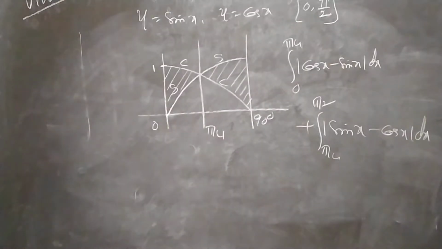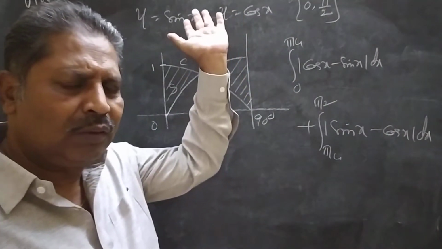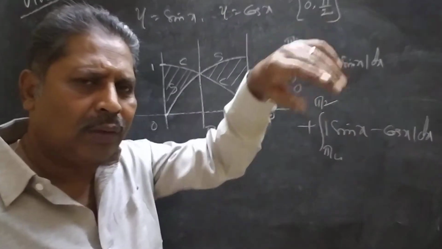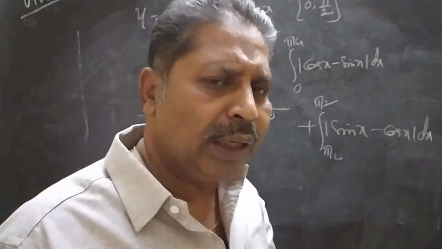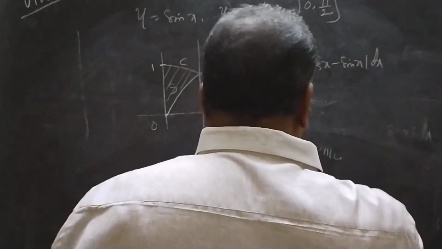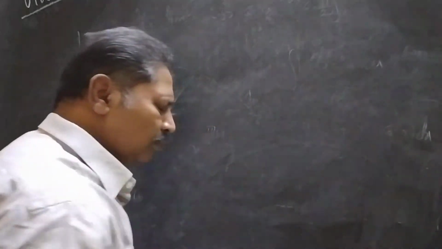That is the required area of the region bounded by the curves y equal sin x, y equal cos x in the given interval 0 to pi by 2. This is the area between the two curves.